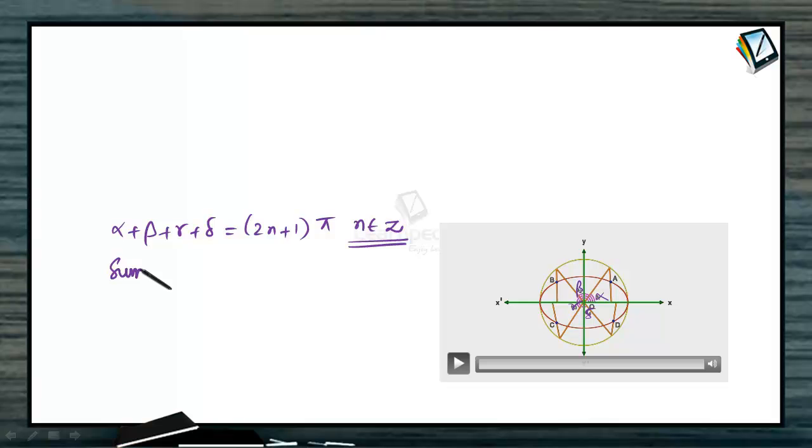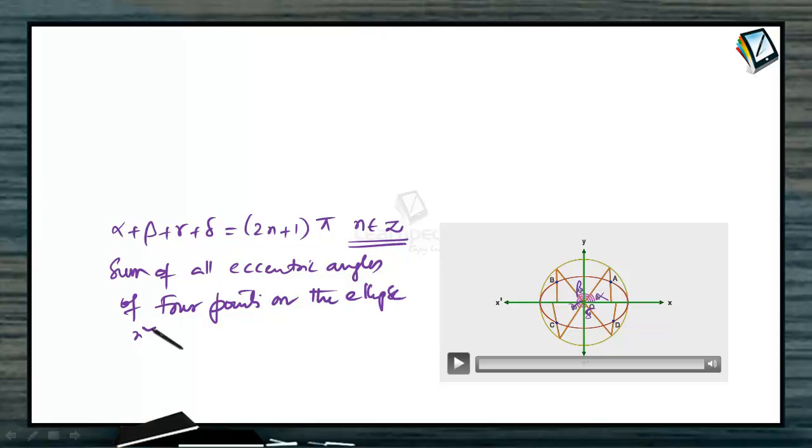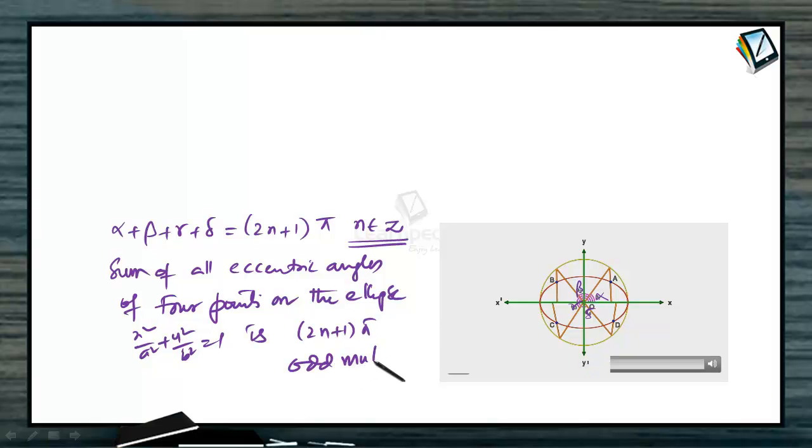That is nothing but the sum of all eccentric angles of 4 points on the ellipse x square by a square plus y square by b square equal to 1 is proved to be an odd multiple of 180. So this is an animation which helps us in understanding this concept even better.